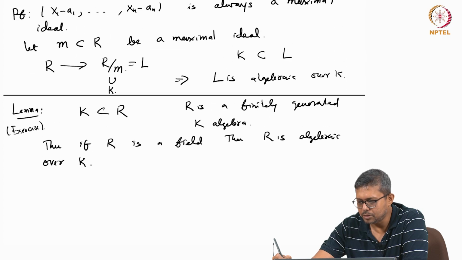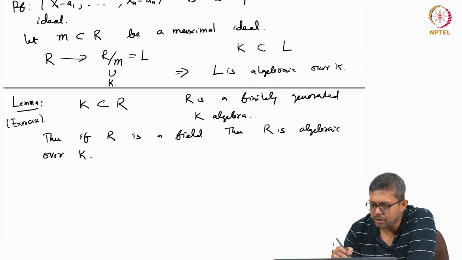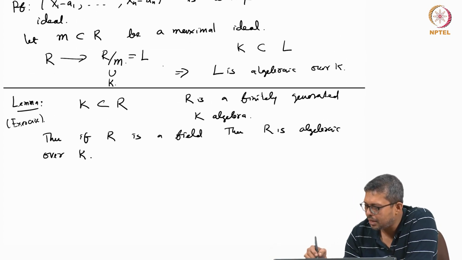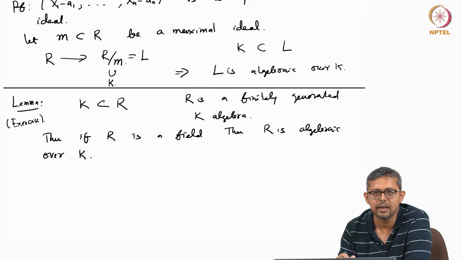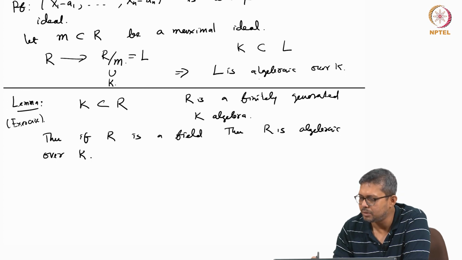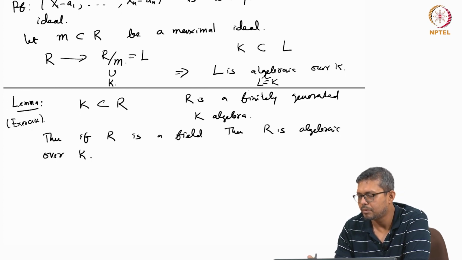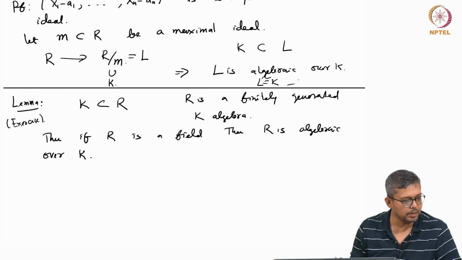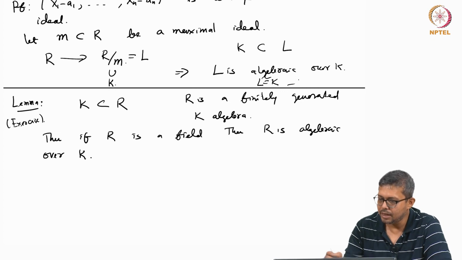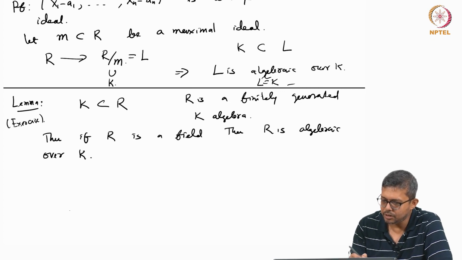So the point is that this is why an algebraically closed field is here. L is algebraic over K, K is algebraically closed, so L has to be K. Right. So, once it is K, now you have this. Let us draw the diagram here again.